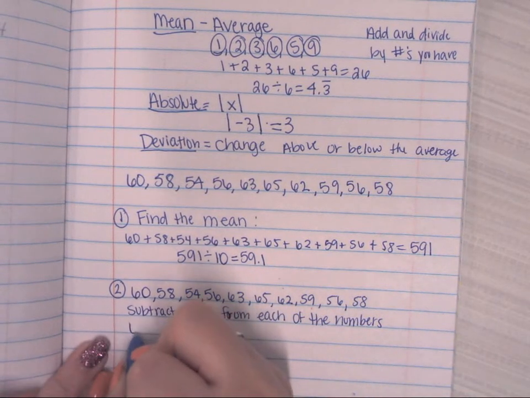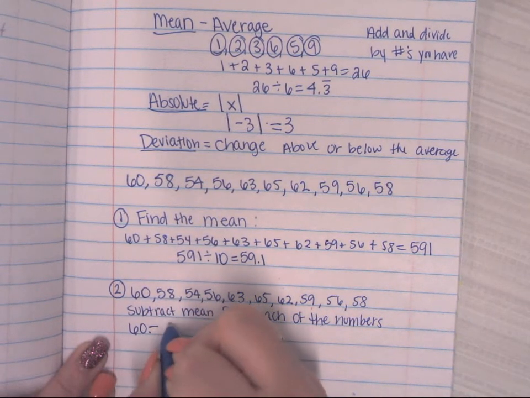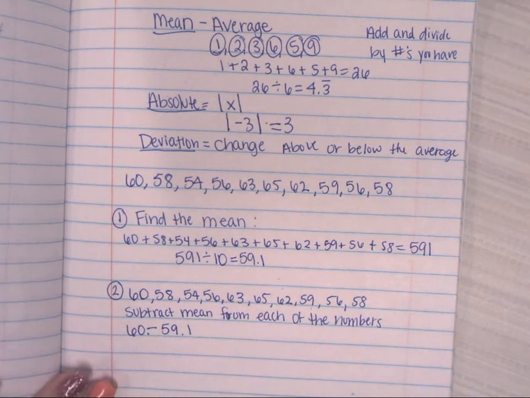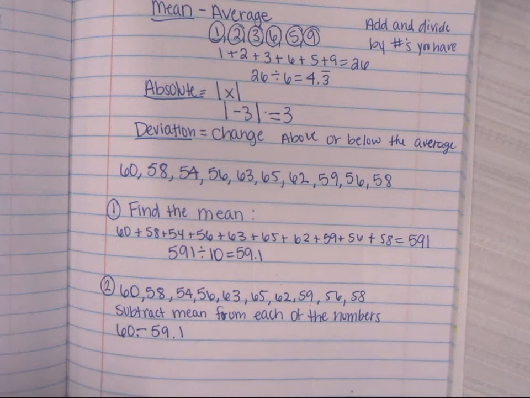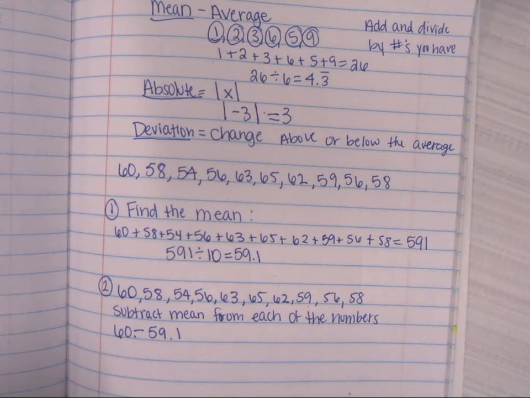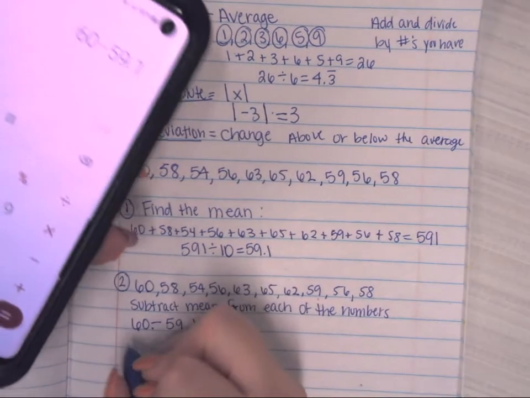So it's going to be like 60 minus 59.1, and that's going to give us a new value. So we get 0.9.